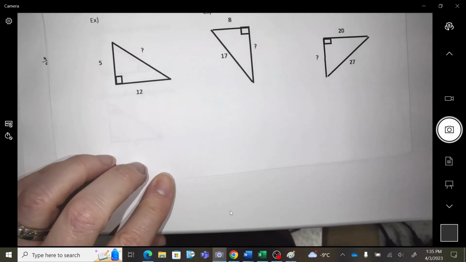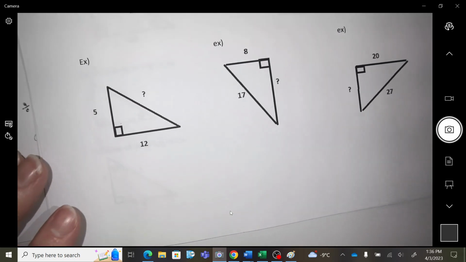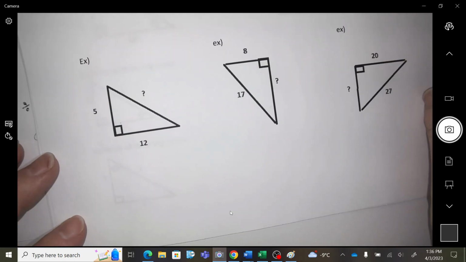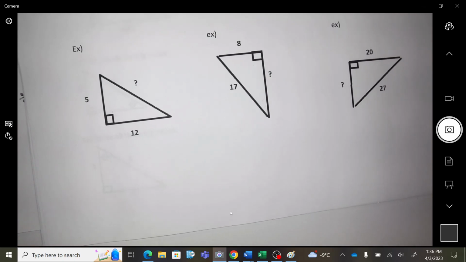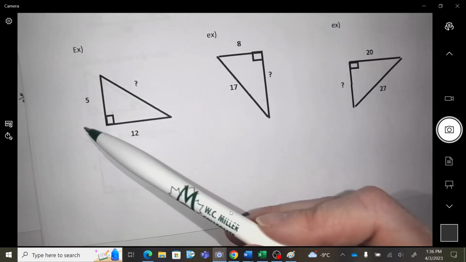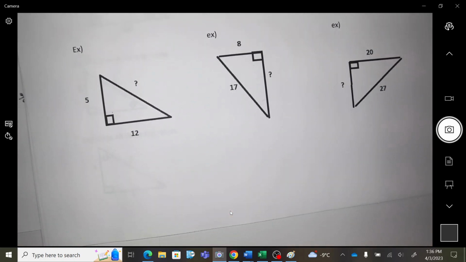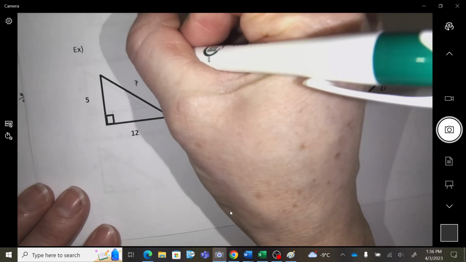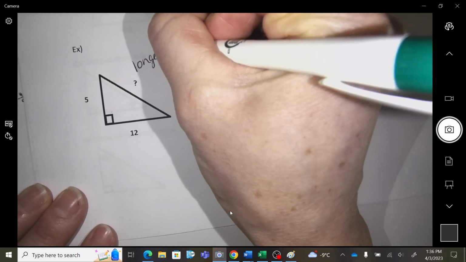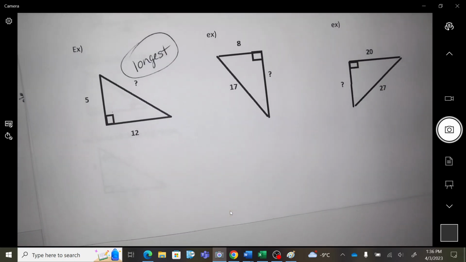Okay, here we go. Am I finding the side that's the longest, or am I finding one of the sides that's shorter? I'm finding the longest.